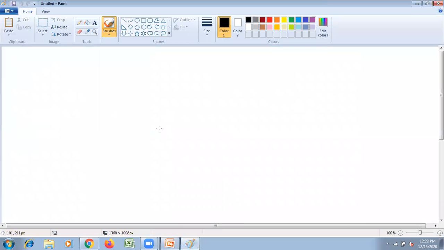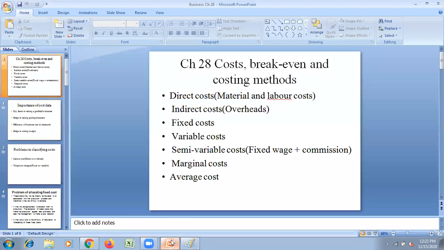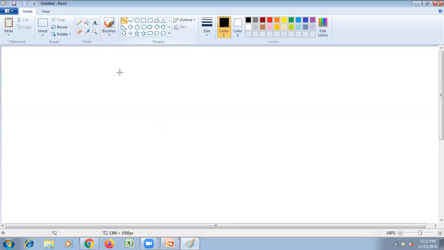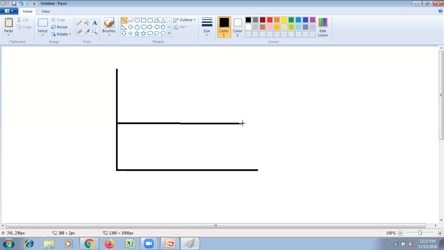All right. So we have talked about direct cost, indirect cost, fixed cost. Do remember, when we talk about fixed cost, it looks like that.